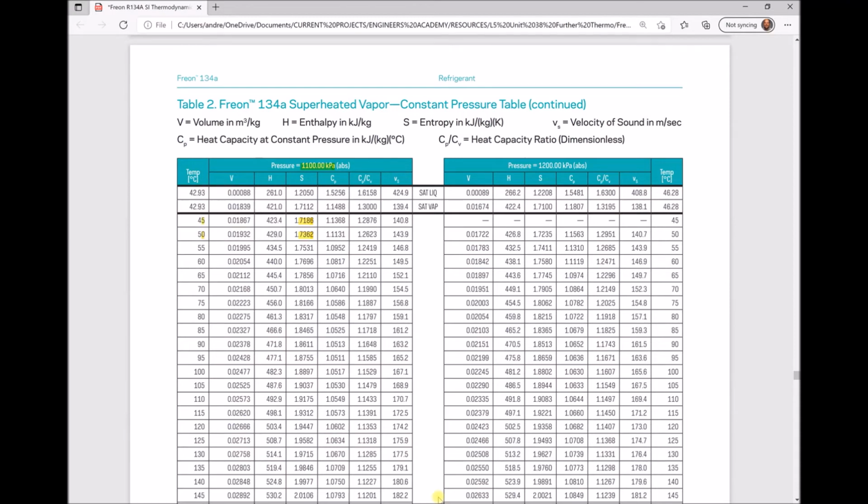Again, the question doesn't ask us to determine that, but it's useful for reference. And we have corresponding enthalpy values of 423.4 and 429. So once again, we're going to transfer that information across. And we're going to use our linear interpolation method to determine H2, which corresponds with an entropy of 1.7304.